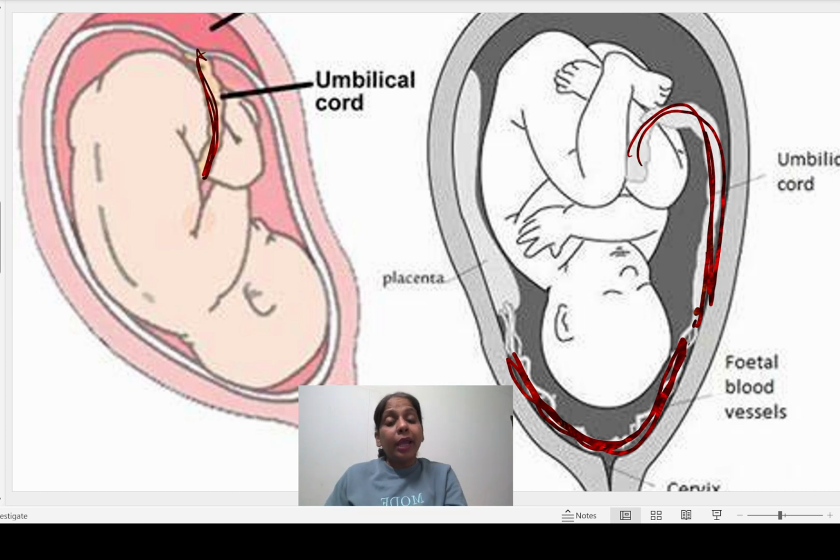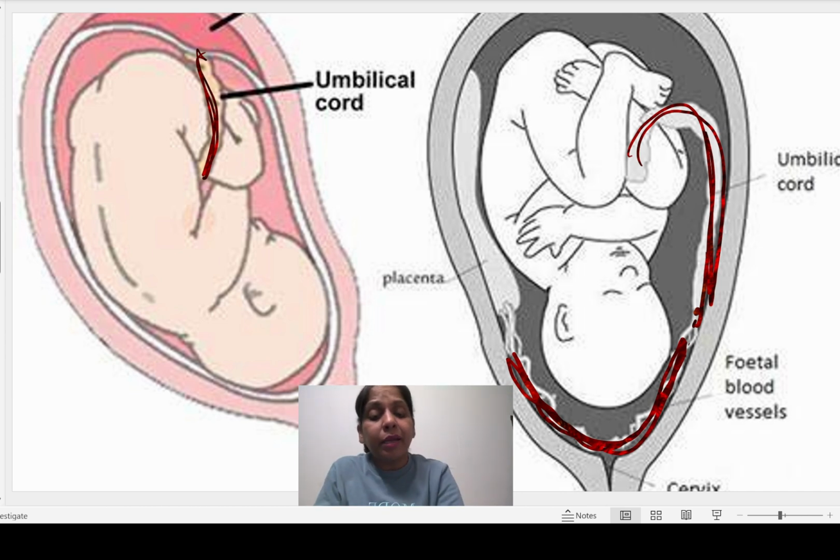Okay, now as you can see, very easily, because of this separation, these vessels come to lie at the cervical os. Now, with a slight pressure of the fetal head on these vessels, for example, these are the vessels and this is the fetal head, these vessels will tear and it will lead to APH.